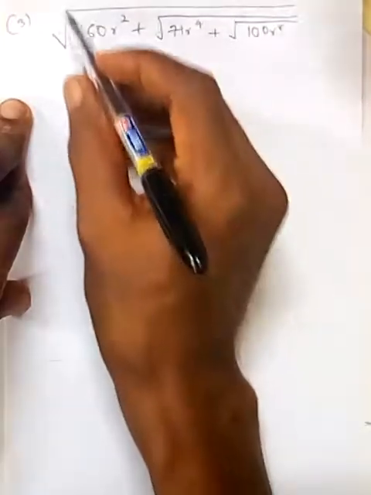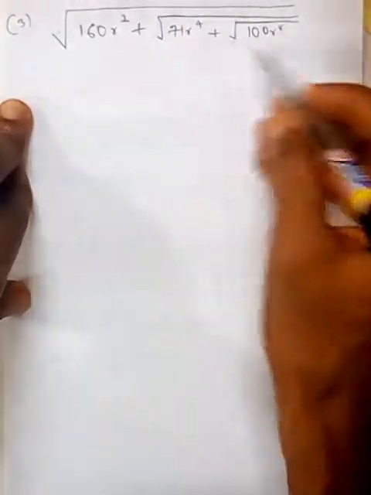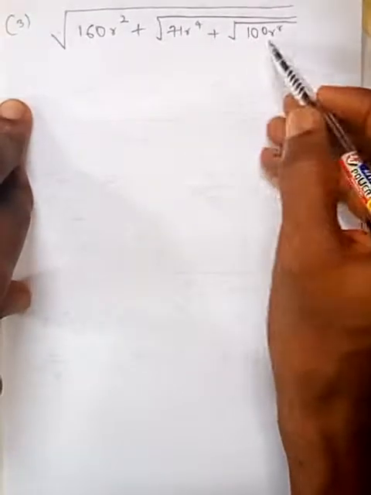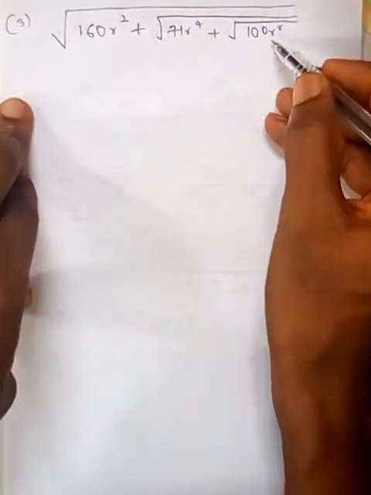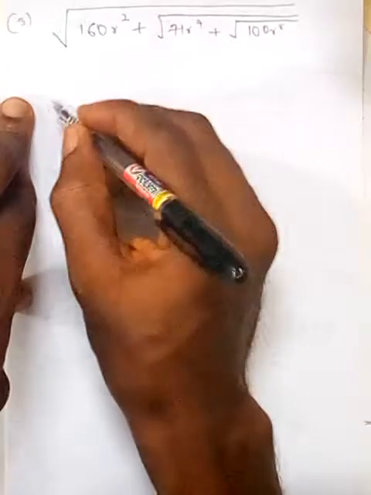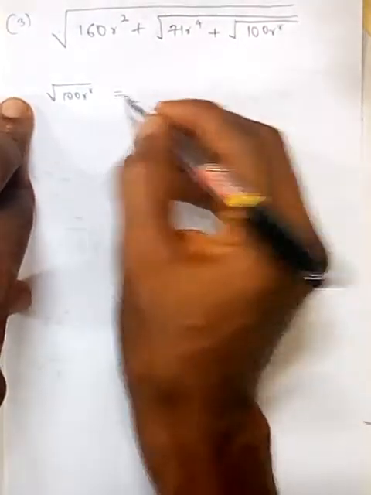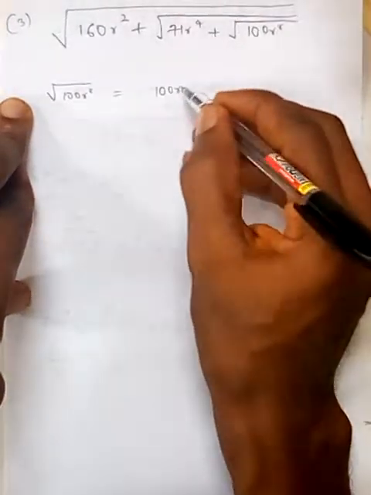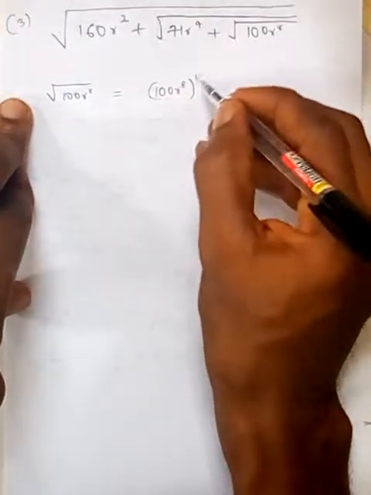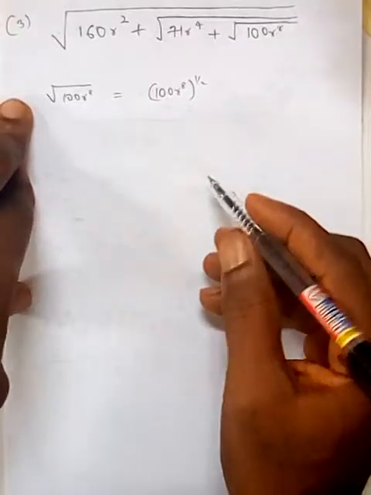Now this outermost square root covers these two, then this covers this. So take note, you start with the innermost one. Square root of 100 r raised to the power 8 is the same thing as 100 r raised to the power 8, raised to the power 1 over 2, because square root is raised to the power 1 over 2.